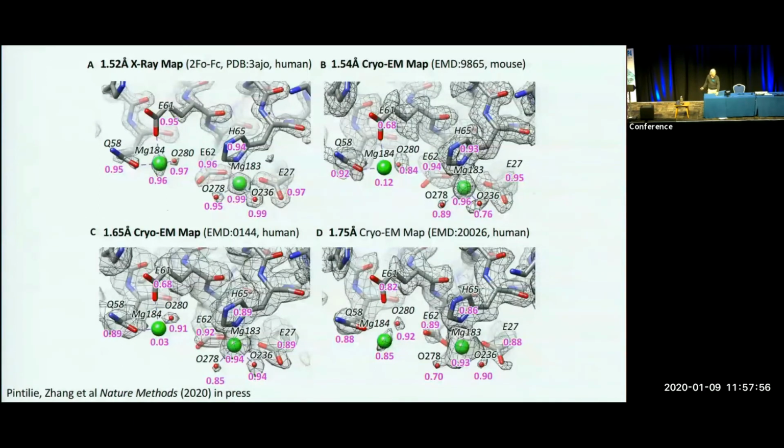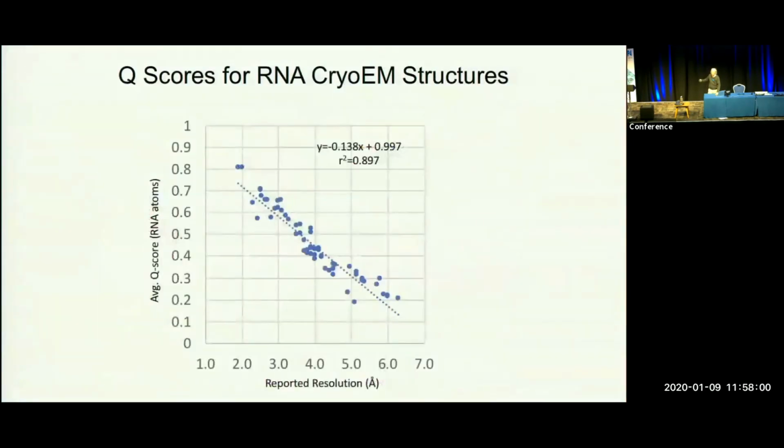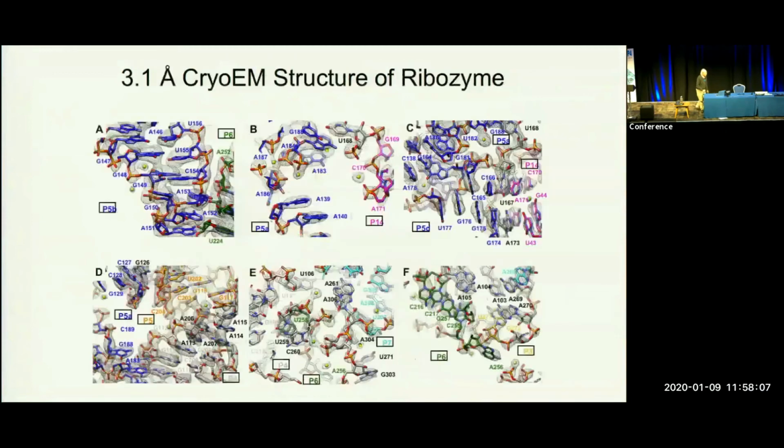In addition, we actually tried out nucleic acids. It seems to follow the same trend. Is the Q factor also a function of the resolution? We recently have a new density map on RNA alone. In other words, not RNA and protein. There are plenty of them in the ribosome, but this is only naked RNA, in ribozymes.